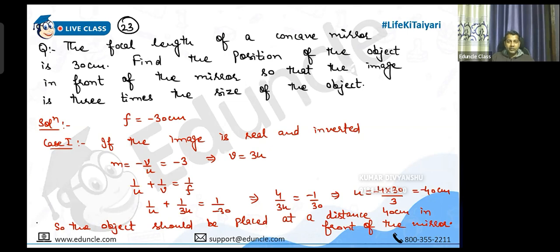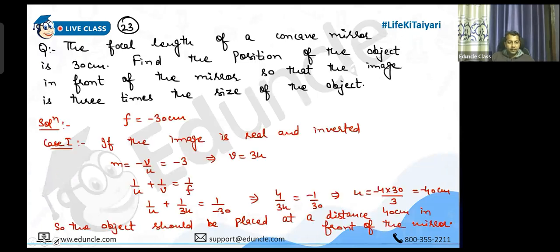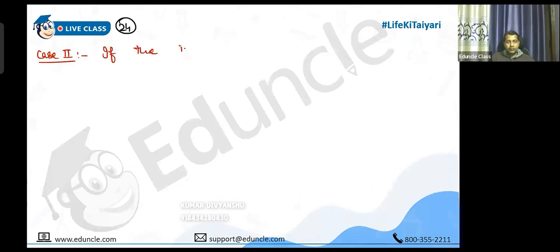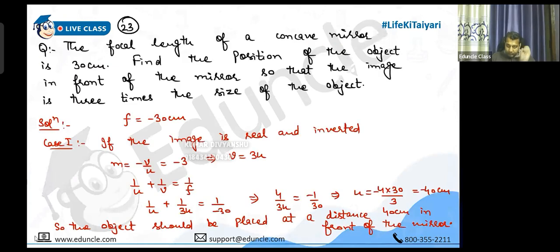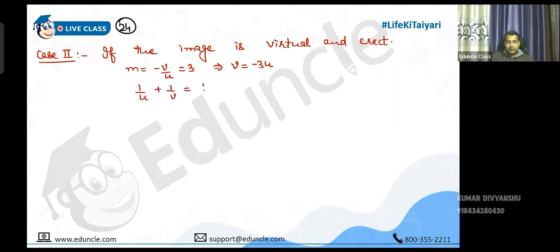Now, case 2, if the image is virtual and erect. Now magnification will be 3. V will be minus 3u.